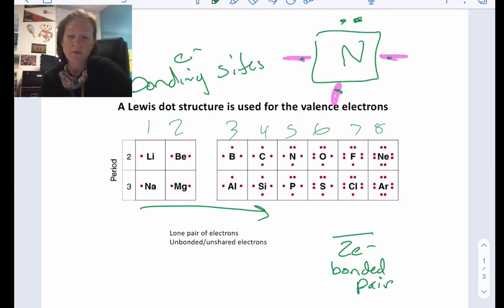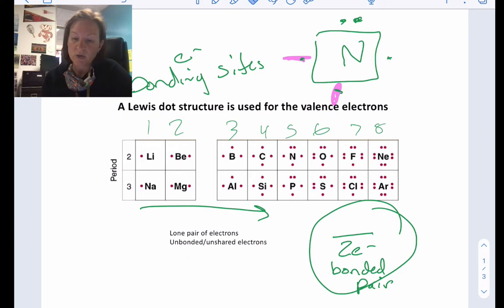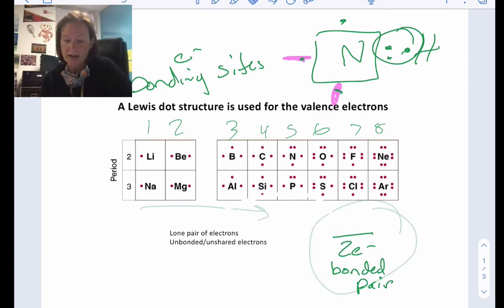So if nitrogen was going to form a bond with hydrogen, and hydrogen has 1 electron, they would form that bond here, where in the end they get that bonded pair, versus choosing to put the paired electrons on this side and then trying to bond hydrogen up, because 3 does not a bond make. Okay, 2 does. So that's just a little precursor to where we're headed.